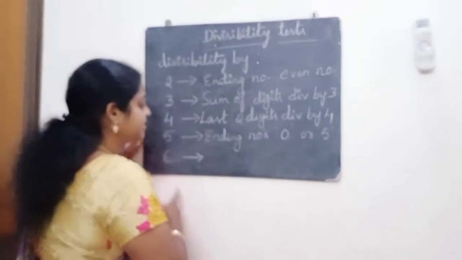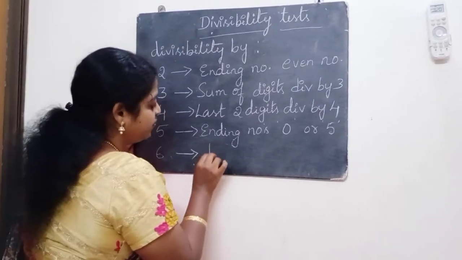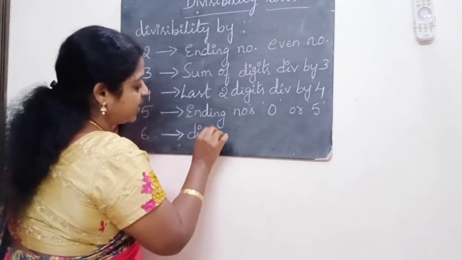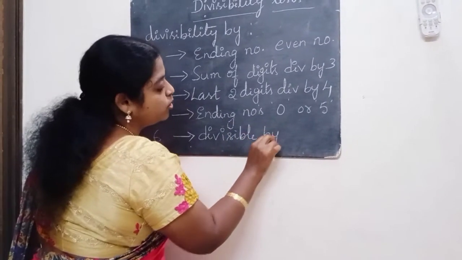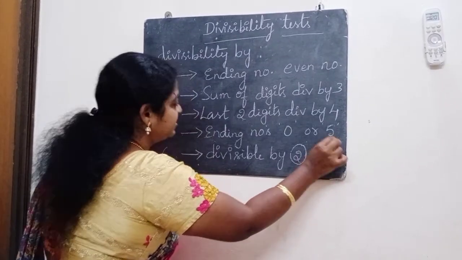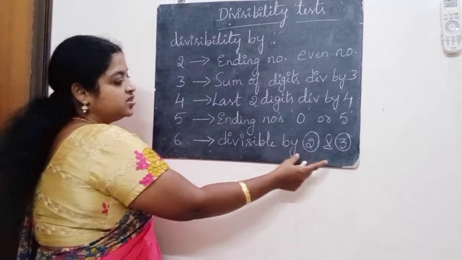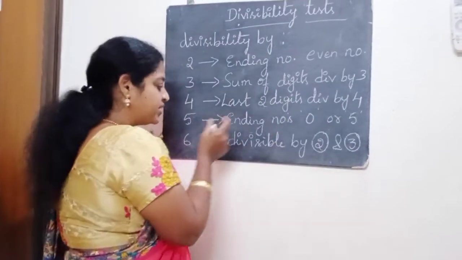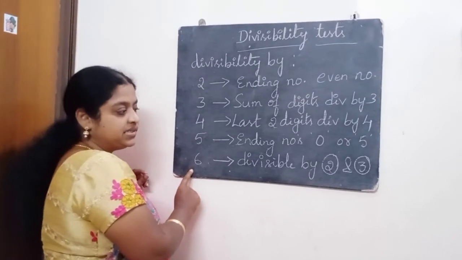Okay. Now 6. The number should be divisible by 2 and 3. For 2 we have given one rule and for 3 we have given another rule. If both rules are applicable for that number, then we can say that the given number is divisible by 6.